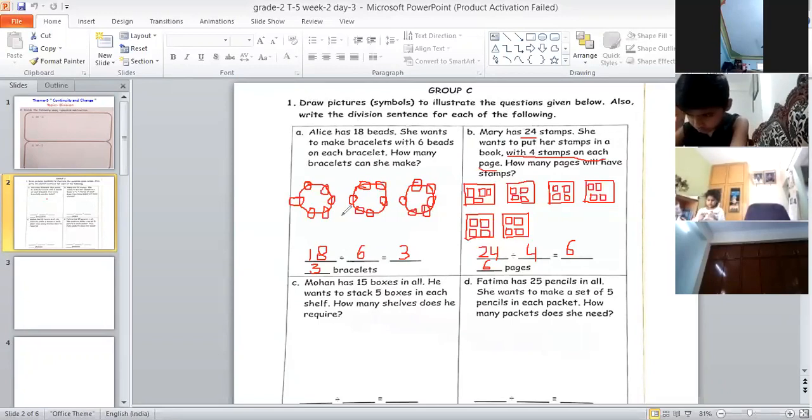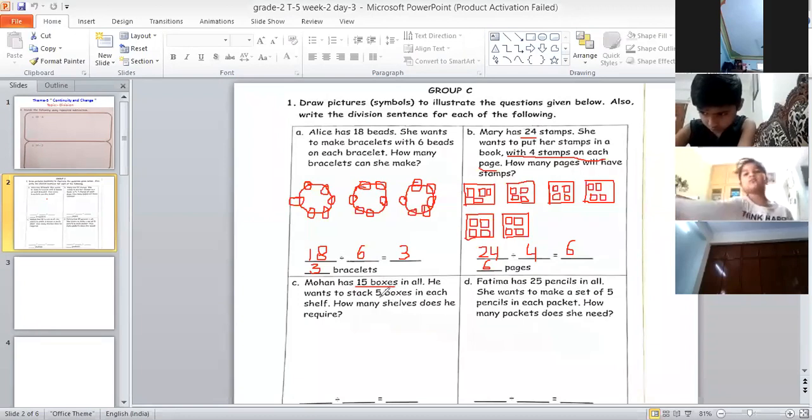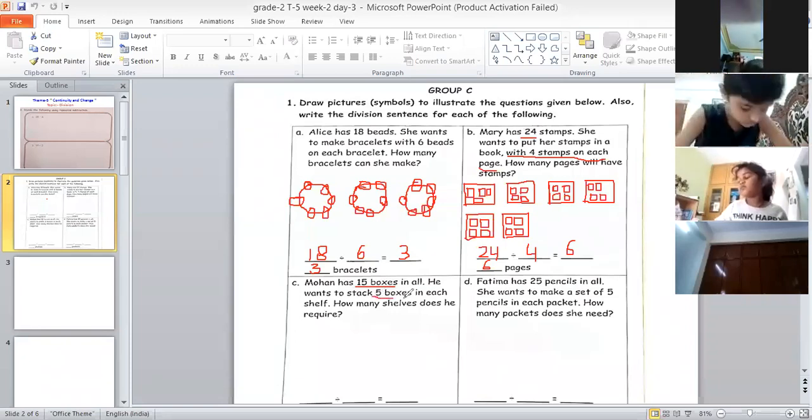Okay. So the question is, Mohan has 15 boxes in all. 15 boxes in all means the total number of boxes is 15. And he wants to stack 5 boxes in each shelf. In each means in one shelf, there should be 5 boxes.